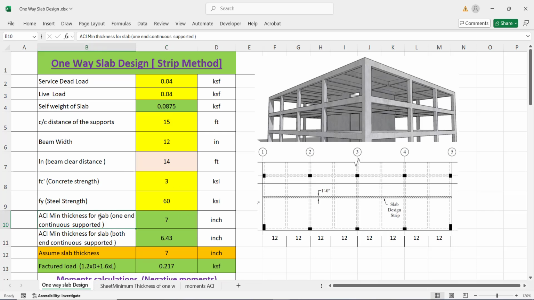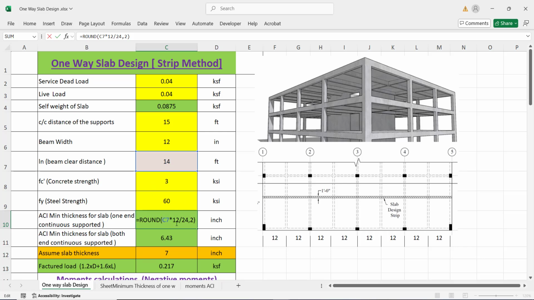Suppose the minimum slab thickness is L by 24. The clear span between the beams I have taken as 14 feet. This is the clear span because the beam width is 1 foot and the total center distance is 15 feet, so it is automatically 14 feet.